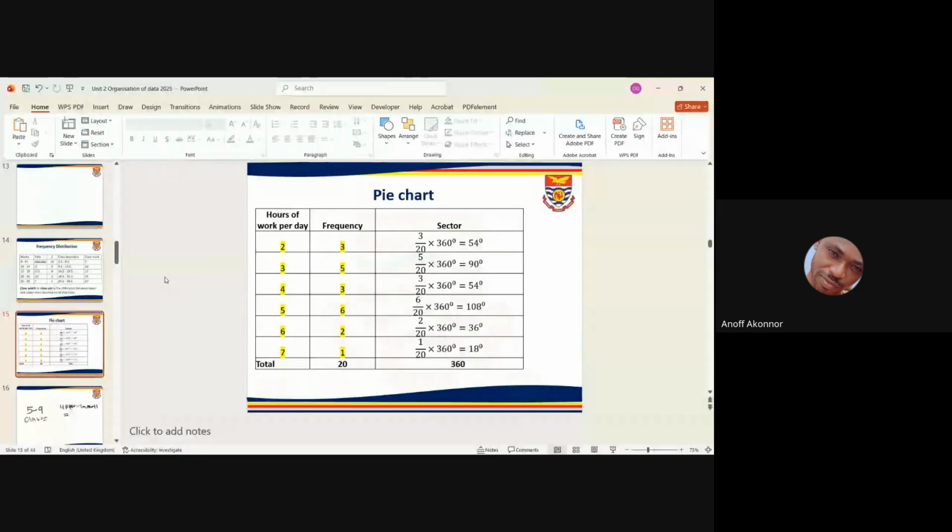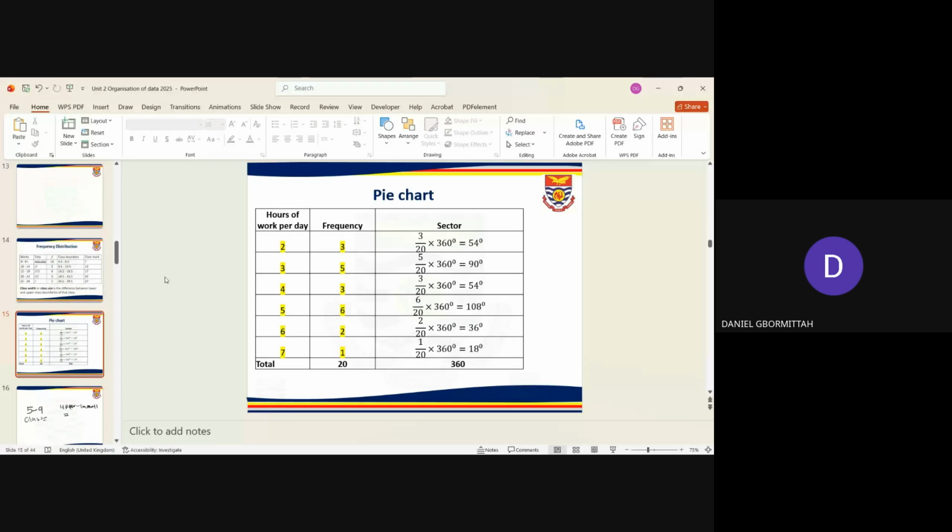Once we have the frequencies, and we have been able to calculate the angle of sectors, as long as the angles of sectors add up to 360 degrees, we can represent the values in sector form. So when we draw a sector for 54 degrees, and a sector for 90 degrees, everything will be beautifully done in the circle, and then we can name the values as well inside there. Okay, so yes, that's a good option.